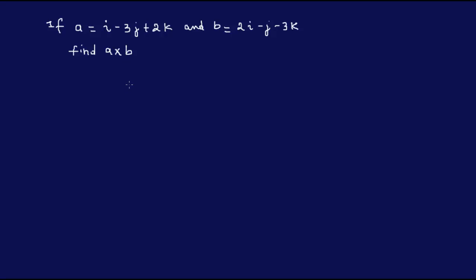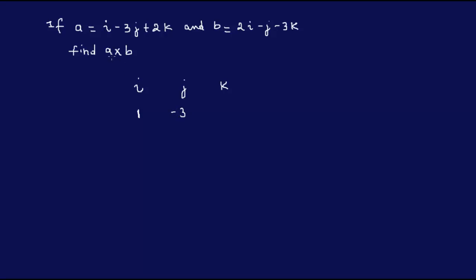So basically you just set it up as i, j and k, and put everything underneath. So I have i, that's my 1, separate them. j, I have minus 3.